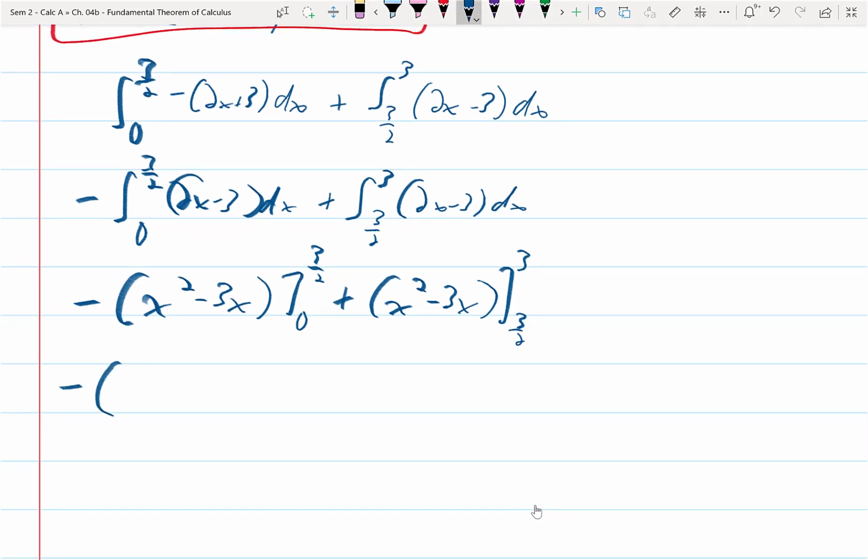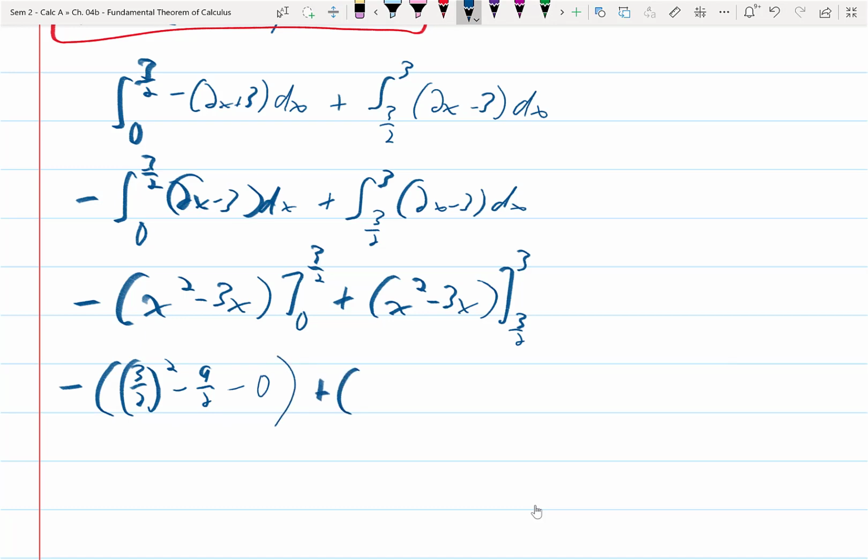So we have negative, 3 halves squared minus 3 times 3 halves, which is 9 halves. This is going to be minus 0, even with the negative out in front.